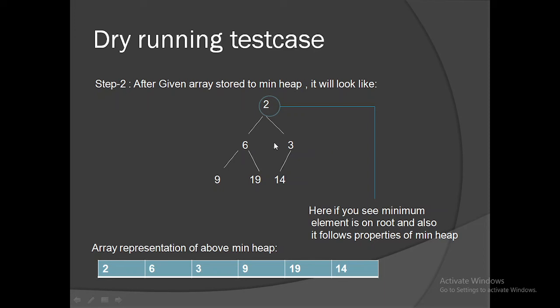We are storing this min heap in the form of an array, and the array holds the level order traversal of this min heap. So you can see this in your debugger. The debugger will point to the array, and if you open that array, you can see the elements are stored in this manner.